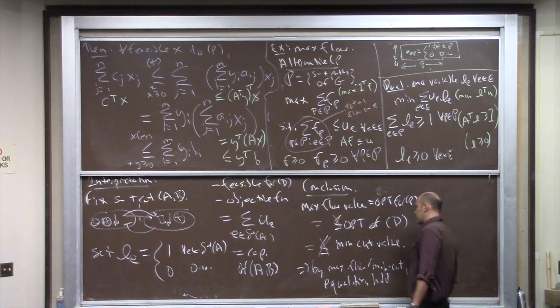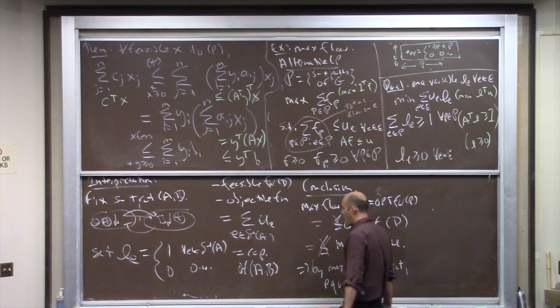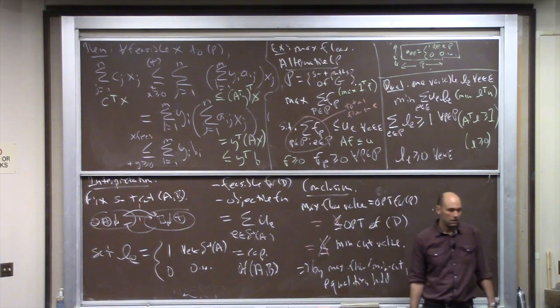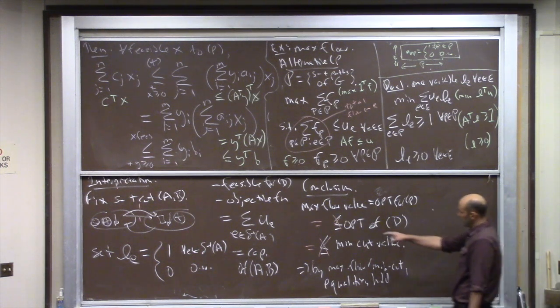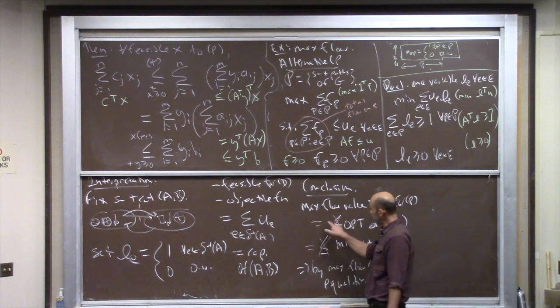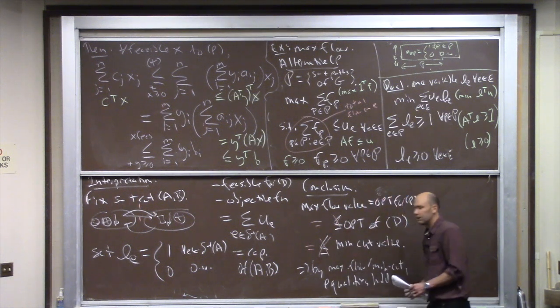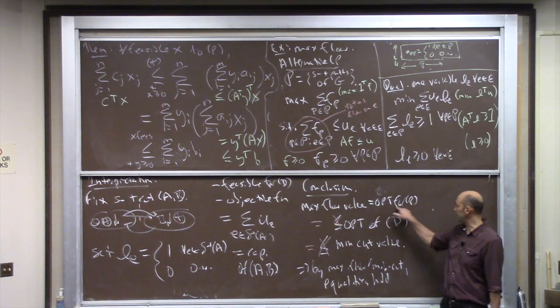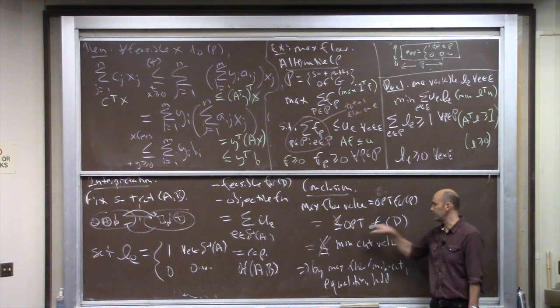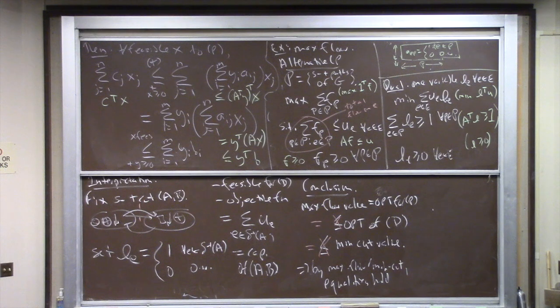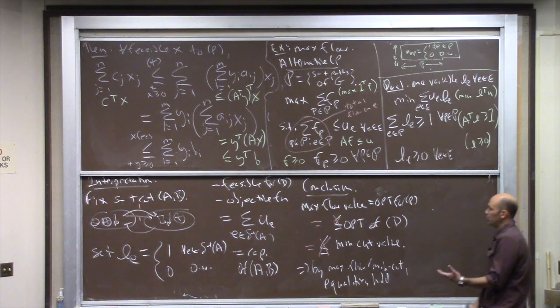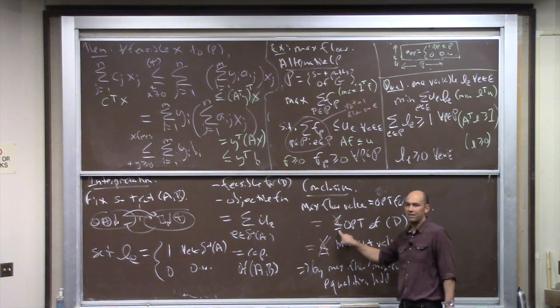So why is it interesting that equality holds? Well, there's two reasons this is interesting. Let's start with the first one. The first one saying that the optimal solution to the primal linear program actually equals the optimal objective function value of the dual linear solution. Why is that interesting? Well, we observe that by definition of the dual, we have this inequality.